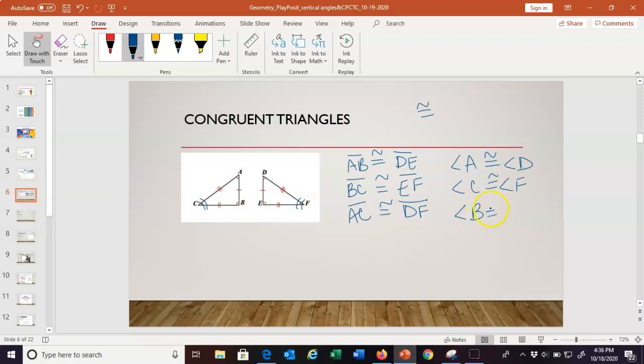Angle B is congruent to angle E. So you can see all the parts in triangle 1 have a corresponding part in triangle 2 that it's congruent to. It's the side lengths and the angle measures. So congruent triangles, their side lengths are congruent and their angle measures are congruent.